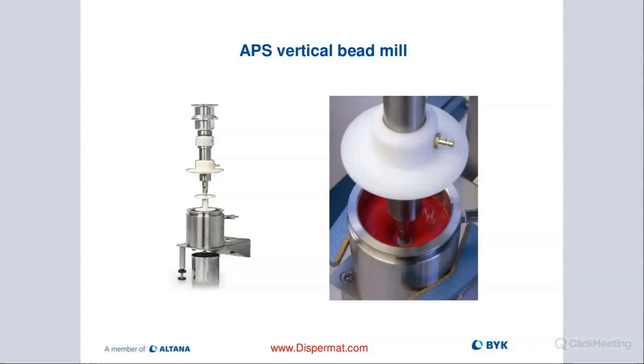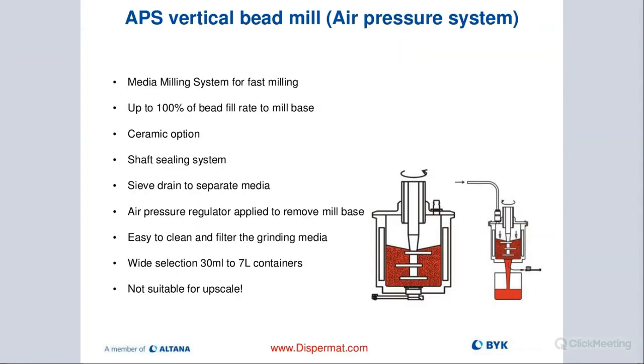Then we have the APS vertical bead mill. This is really a cool device for the lab space, not scalable, where I have two containers. I have the container on top and on the bottom. And I have a better picture here. So if you look at the picture on the right, basically I have my slurry in here. It's already showing you that with the milling rotor, before I mill, I can pre-disperse in here, just by changing the tip with a cowl's blade.